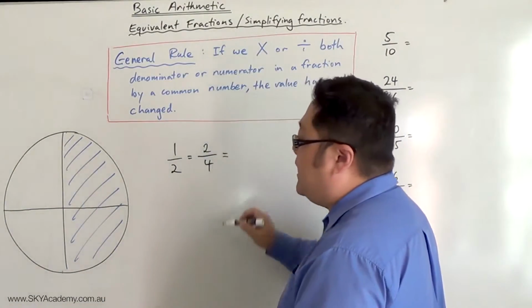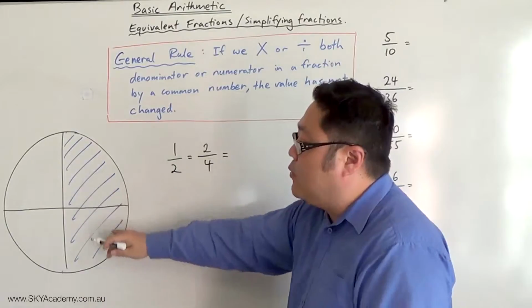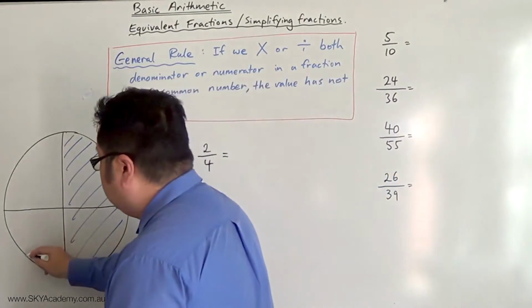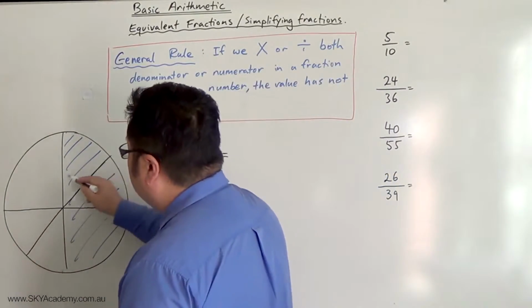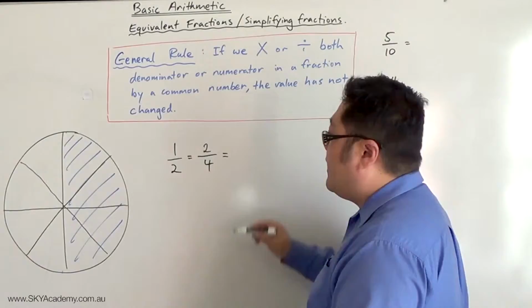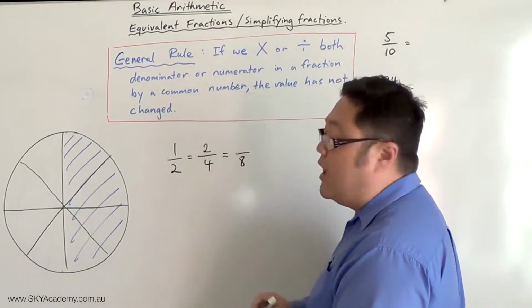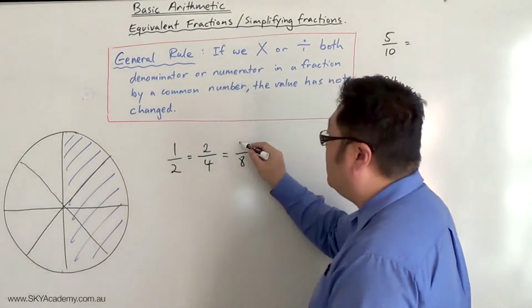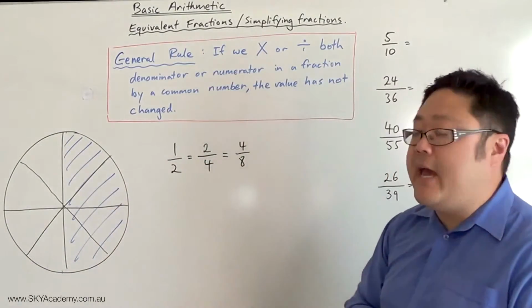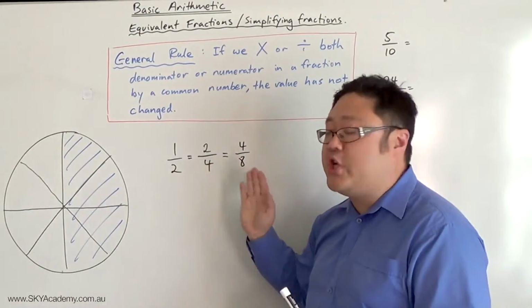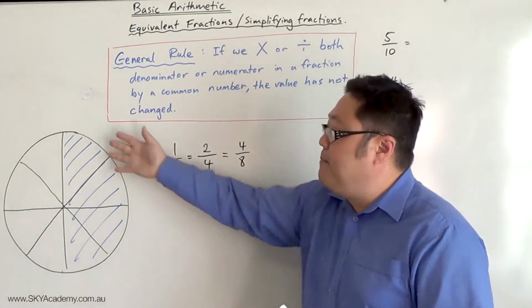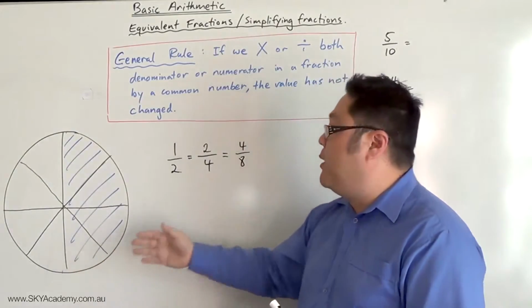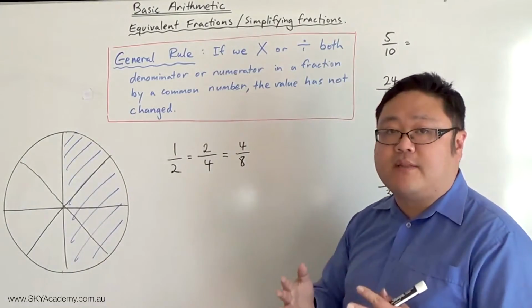If we were to then divide each of those quarters into half again, so that now we have eighths, how many eighths have we set aside? 1, 2, 3, 4. Do you see how we have not changed the amount of pizza set aside, but we have changed the way that we express the fraction?